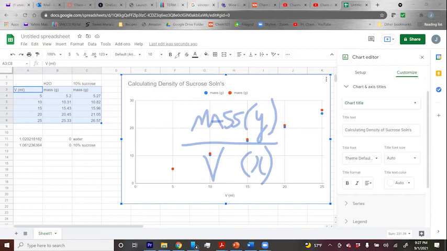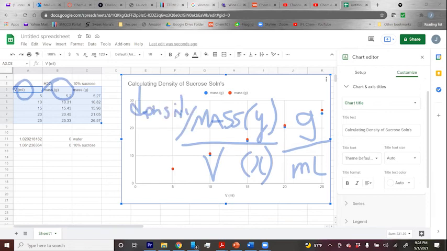So as long as my mass is in grams, which it is, and my volume is in milliliters, which it is, the slope of the line will be equal to the density in grams per mil. But I need the slope of that line in order to figure it out.